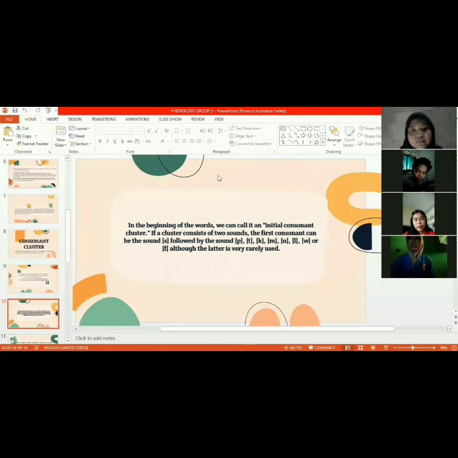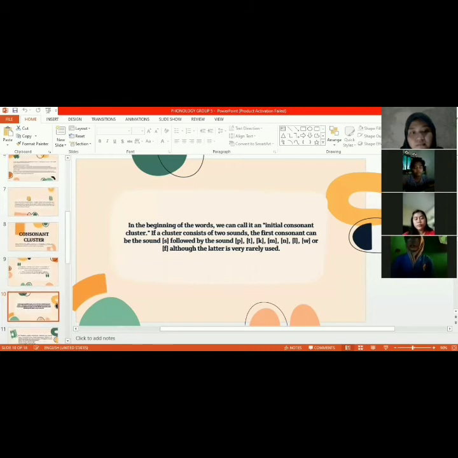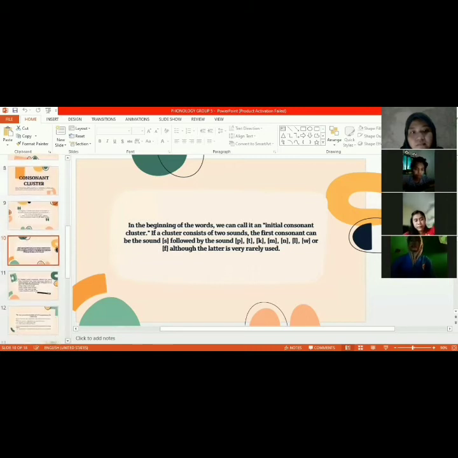The initial S is more often found in this consonant cluster, with the first consonant followed by the sound P, T, K, N, L, W, or F. The sound F is very rarely used, but rare doesn't mean none exist. For example, sphere.